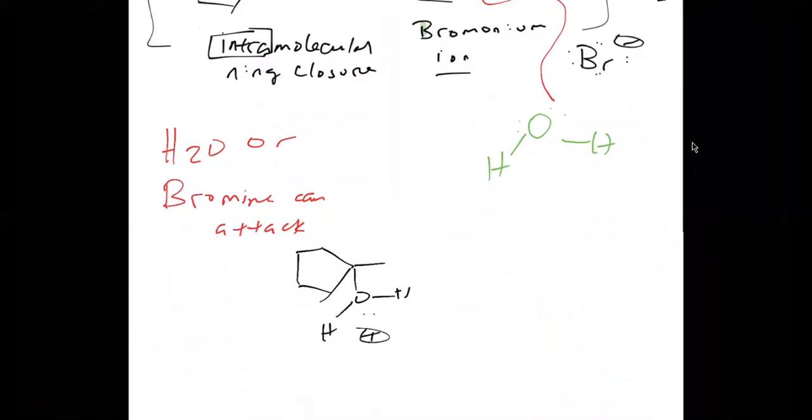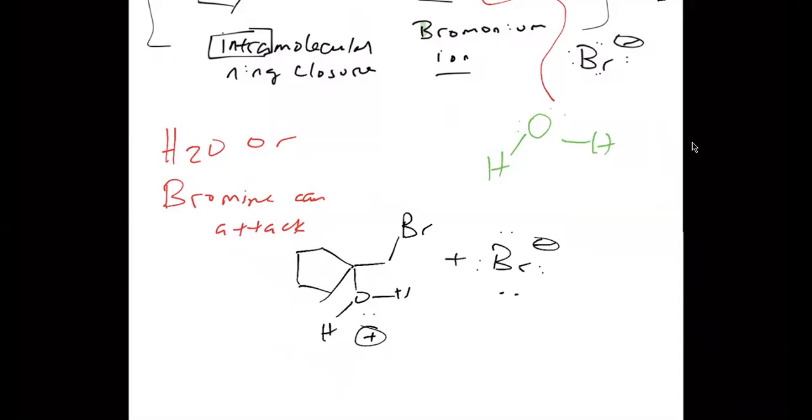Like that. Now water has a plus charge, and then the bromine is here, plus. Do you think that water is going to stay like that? No. Because the end product is an alcohol, right?